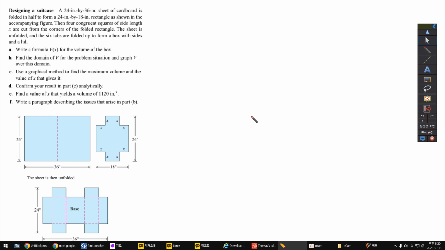So this means now the base, after opening this fold, has 2x, and this part is 18 minus 2x, and for this, that's 24 minus 2x.